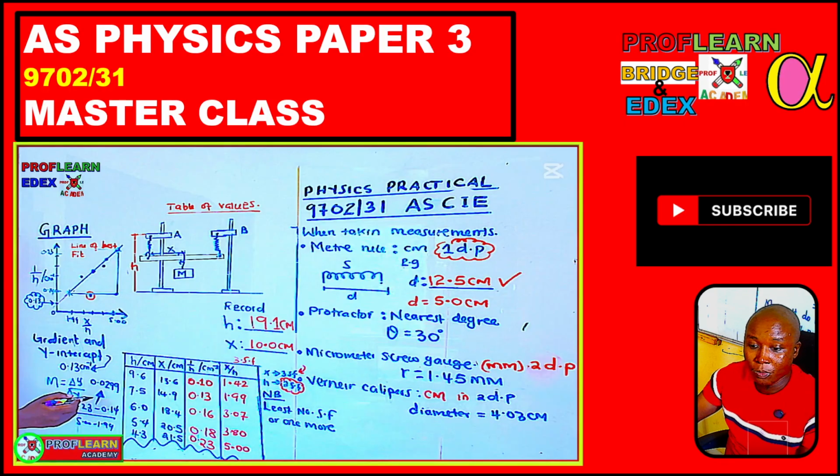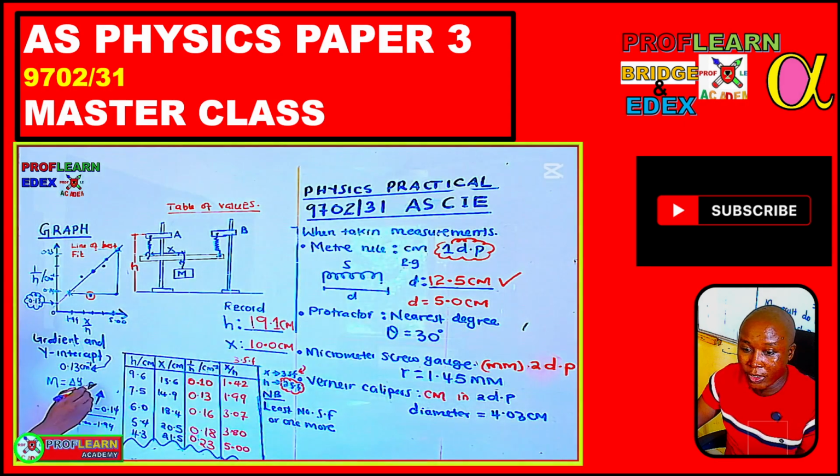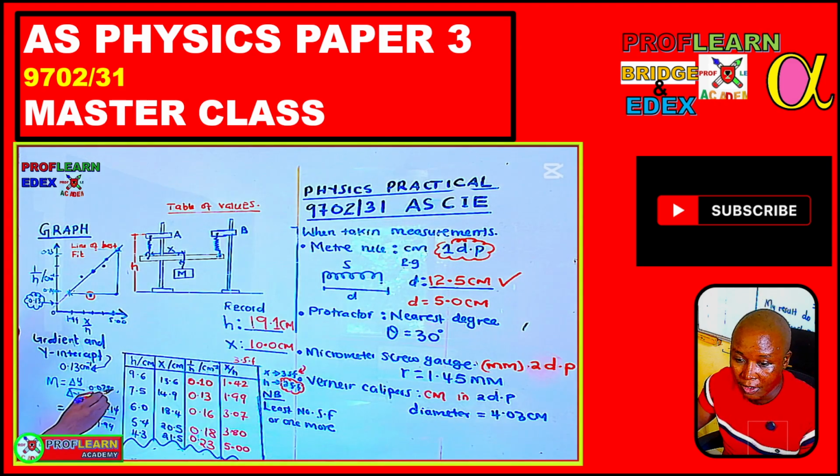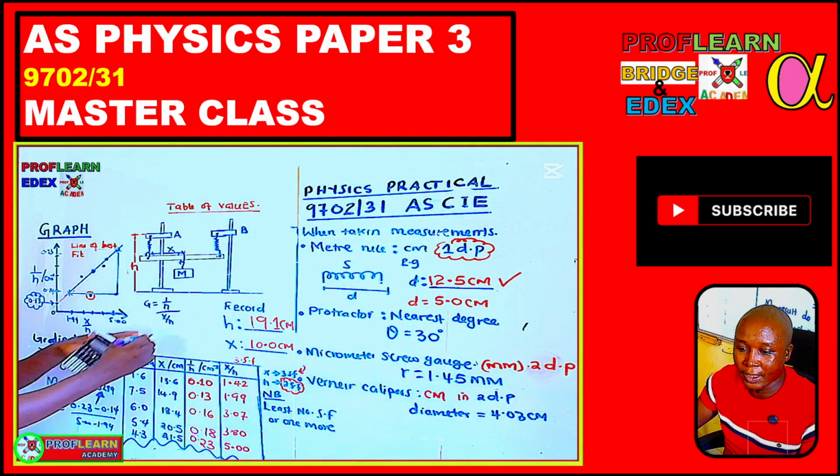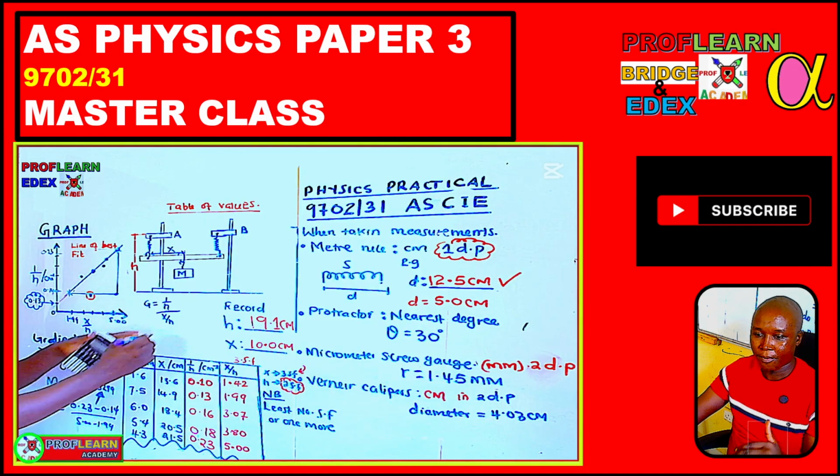You have to include the units for that particular gradient in order for you to state that. So let's see how you get the units for the gradient. Remember, we were finding gradient, change in y over change in x, but y was 1 over h and x was x over h, isn't it?